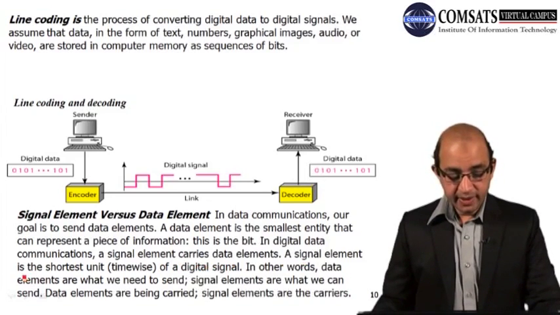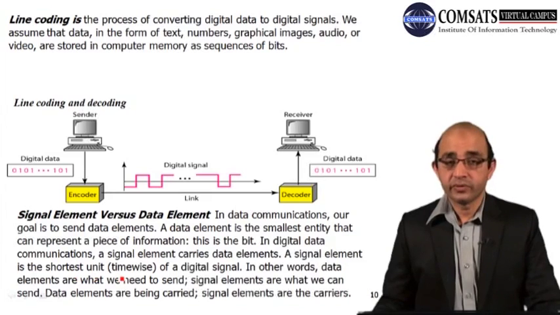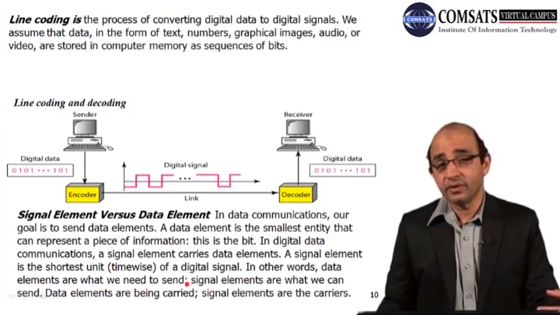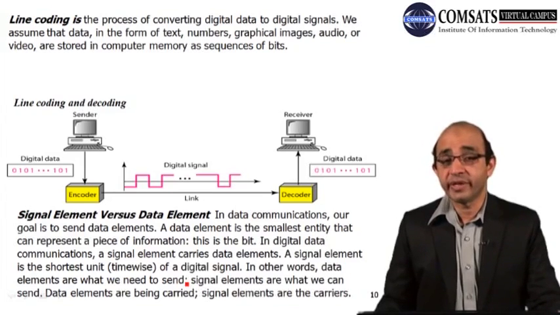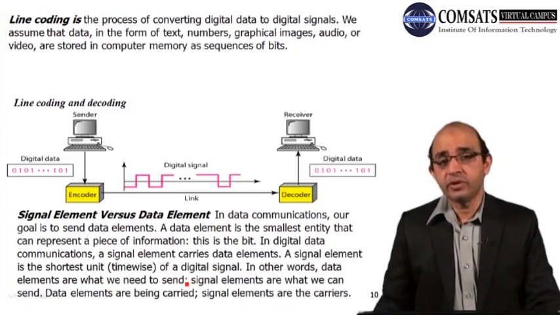A signal element is the shortest unit if we talk about the time span of a digital signal. Data elements are what we need to send, right? So actually our objective is to send data. In order to do that, we are going to use some signals, right?